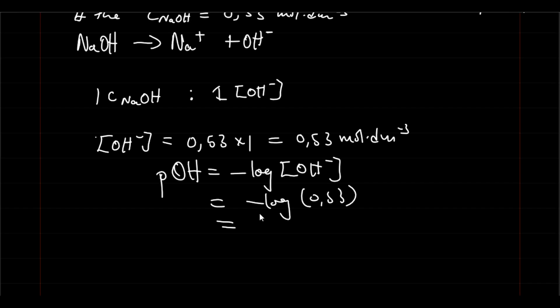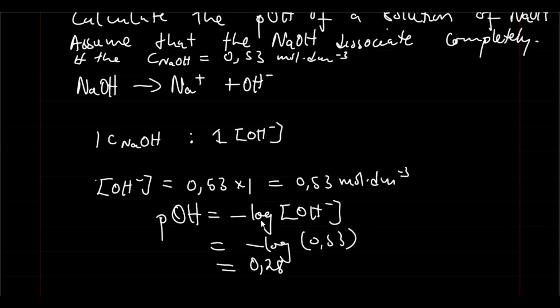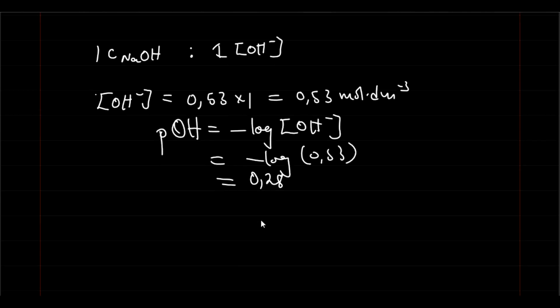And when I press my expensive calculator, negative log of 0,53 is 0,28. So what does this value tell us? It tells us that the solution is basic. Why? Because the pOH is less than 7.